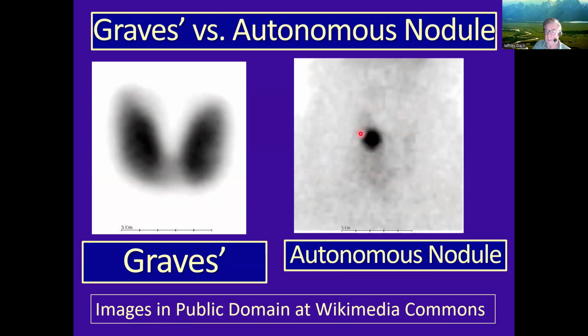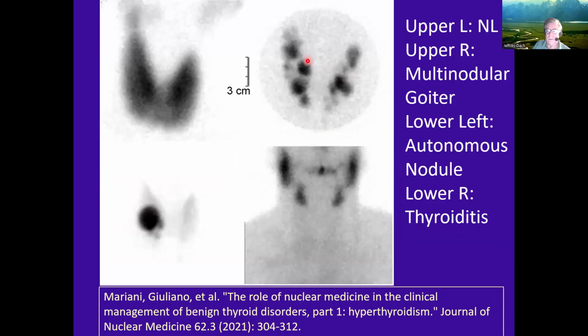This patient was also hyperthyroid with suppression of the normal right and left lobe tissue. Here we have multiple hot nodules. This patient who has a toxic nodular goiter is also hyperthyroid. Labs are similar to a Graves' disease patient.